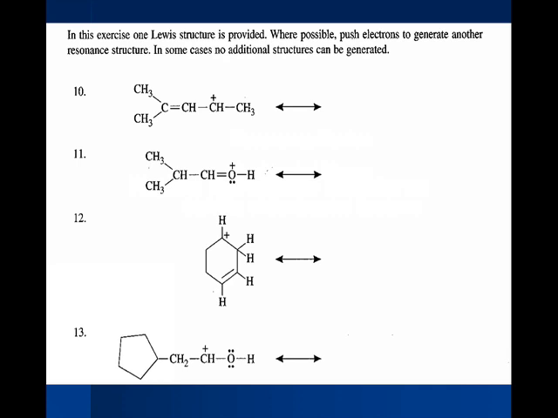I could move that double bond right there, but in doing so, what do I have to do? I have to move atoms for that to happen, because I'll form a smaller ring, right? That's actually a reaction. And it might happen, but it's not a resonance structure. I cannot draw a reasonable resonance structure for this molecule, right?